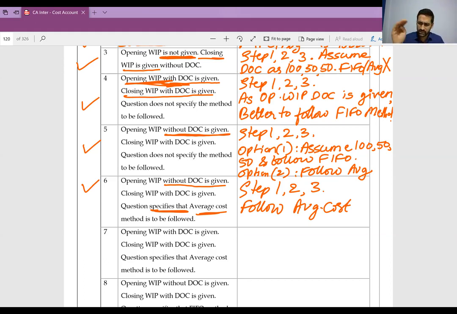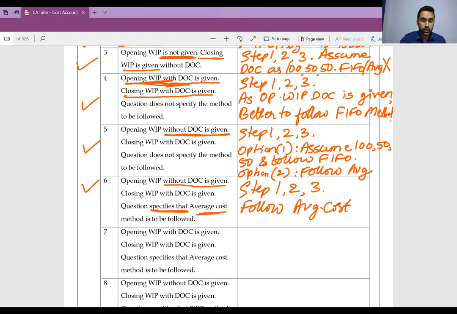Some students, even when something is given in the question, they say given information is ignored and we will teach you new lesson. And then they assume something, they work out, and then they come and fight. Sir, look, they gave some information, I ignored. I don't have freedom also to ignore, control yourself. When they say average cost, don't teach them FIFO is better than average cost. They say average, work out average.